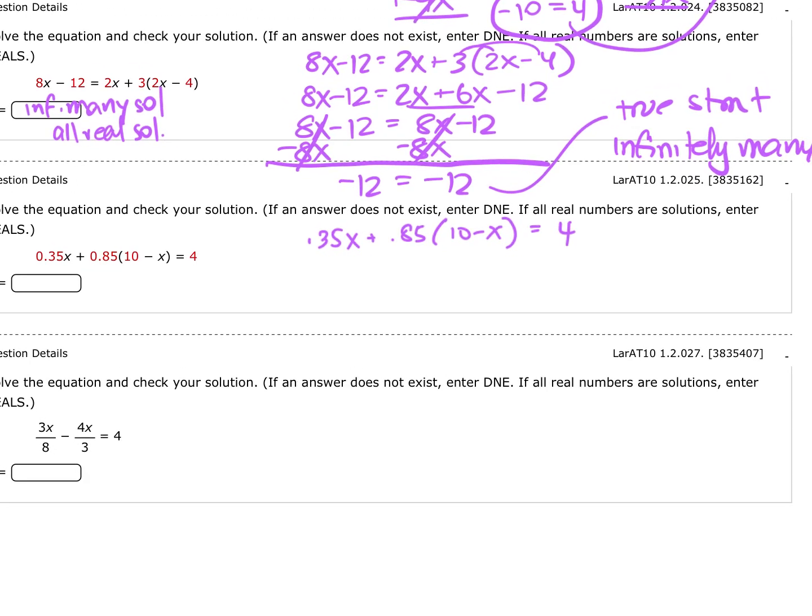So what I'm going to do is I know that if I multiply every single term, I've got the 0.35x, I've got the 0.85 times 10 minus x, and the 4. If I multiply these by 100, notice what's going to happen when I do that. When I multiply them by the 100, my decimal point is going to shift 2 places to the right.